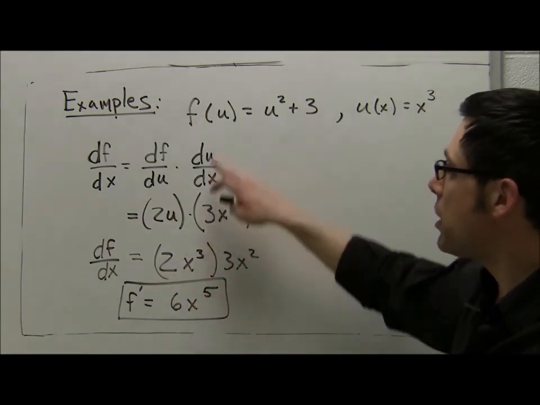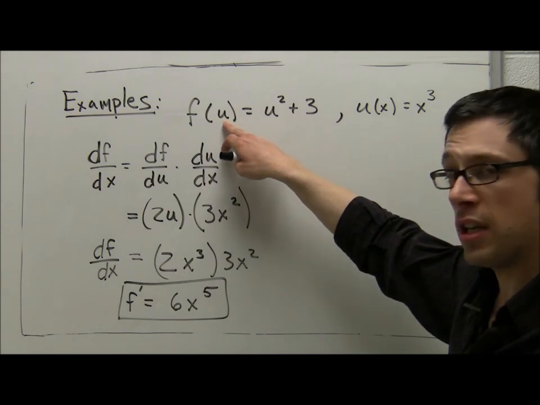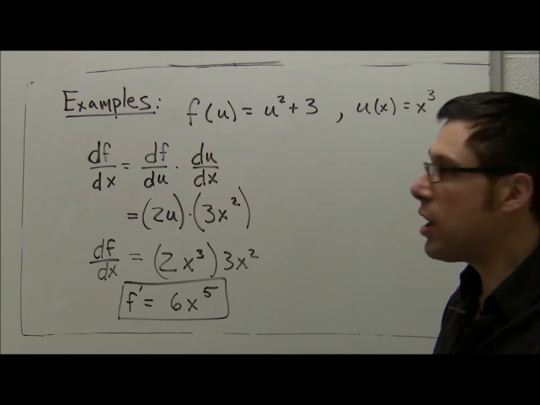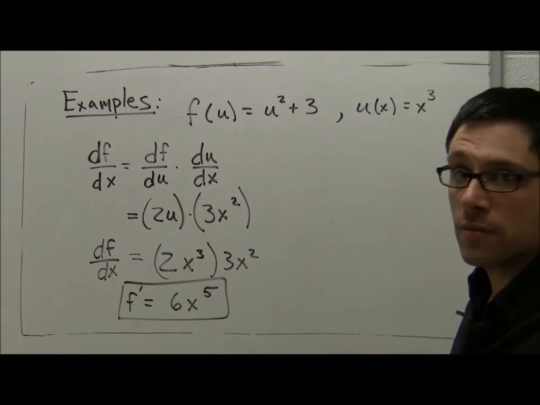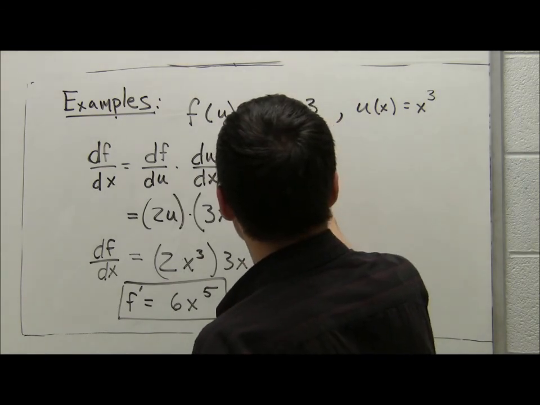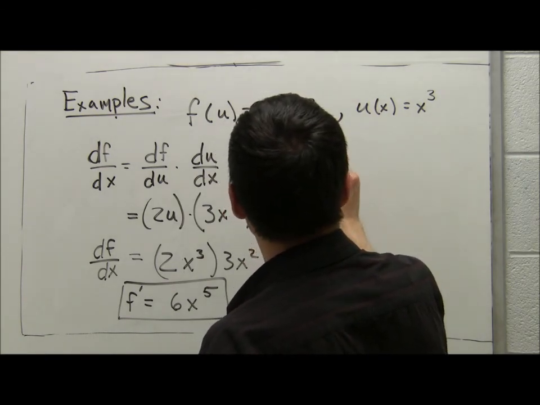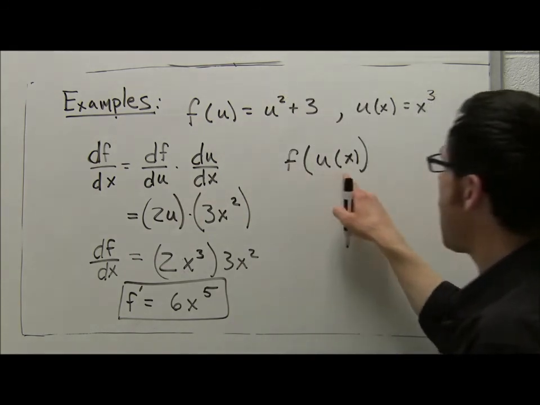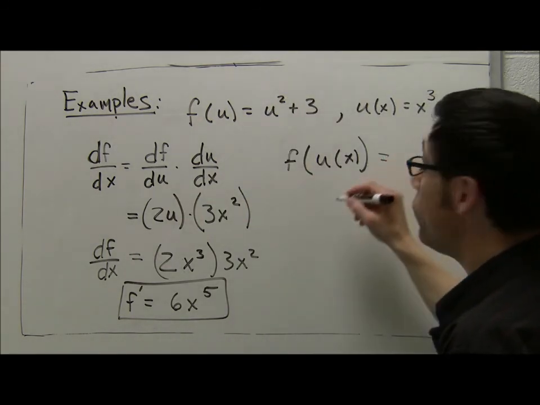And notice again, because f is not a function explicitly of x, I have to do a chain of derivatives, because really this is a composition of two functions. And I can rewrite this, by the way, as f of u of x. It's a composition of f, in fact, of two functions.